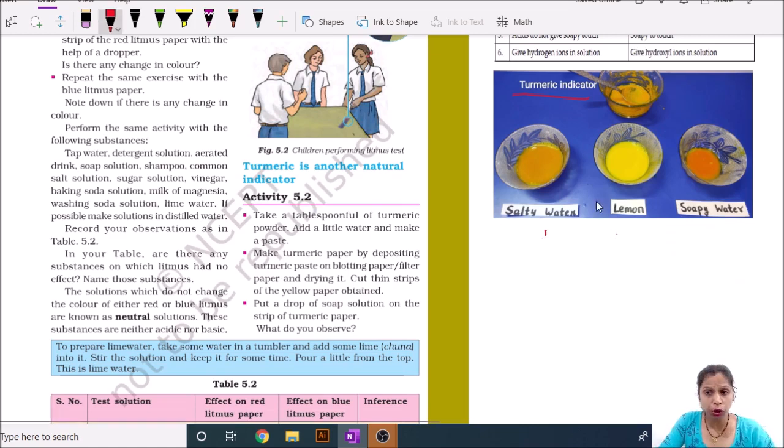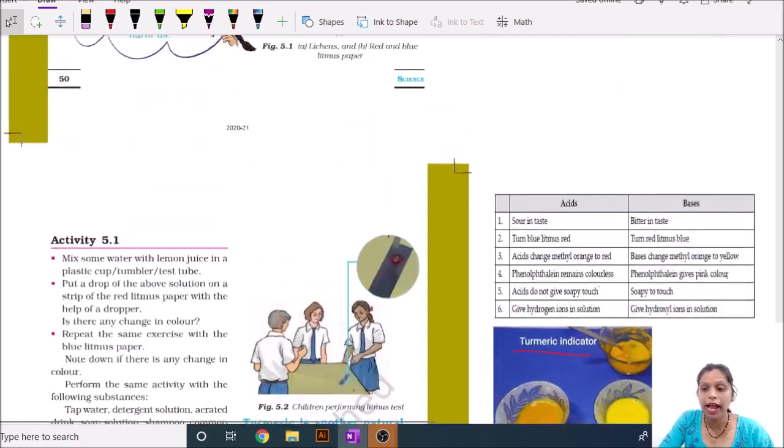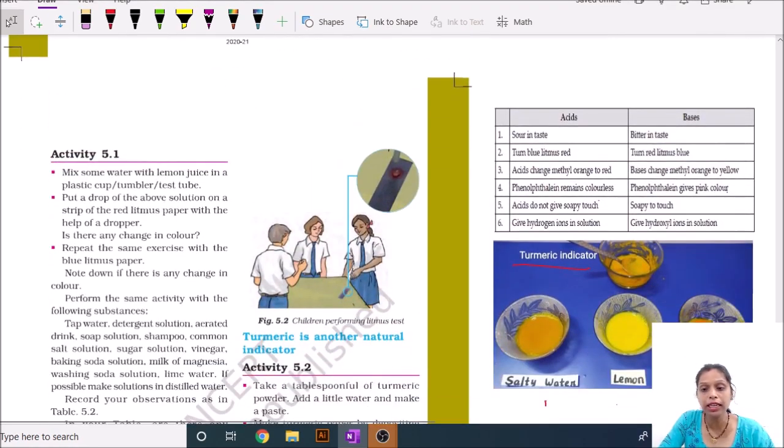Okay. Now you know very well, and I have already discussed with you, what is the difference between acid and base. It is written here that acid is sour in taste, whereas base is bitter in taste.